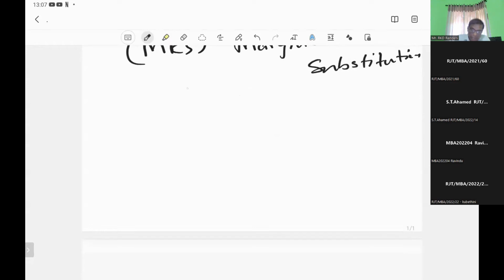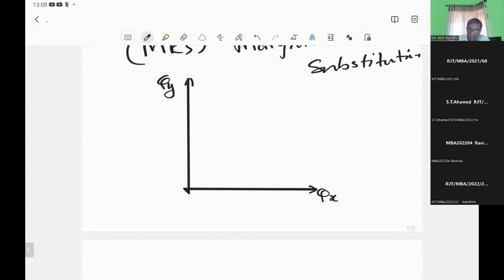Now here, quantity Y and quantity X. It is sloping downwards from left to right and convex. This is indifference curve 1, right?